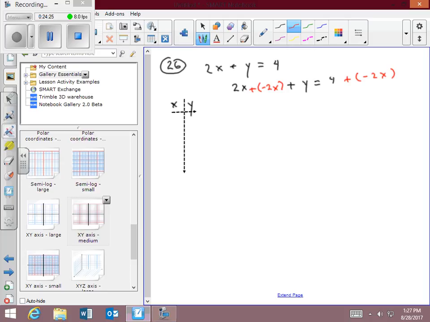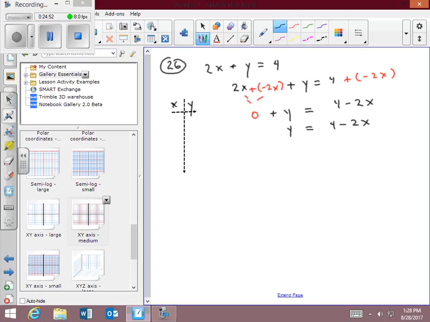So these two go together to give me 0. And then I have a plus y equals. Now I can drop the brackets on the right-hand side and get 4 minus 2x. Now I'm ready to do my T.